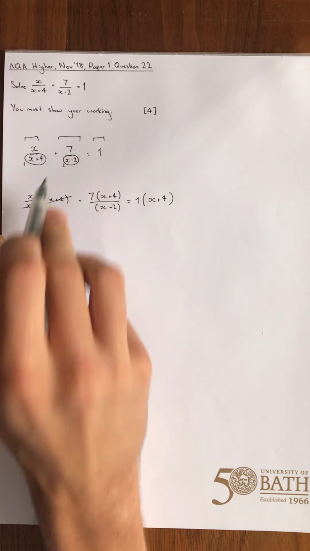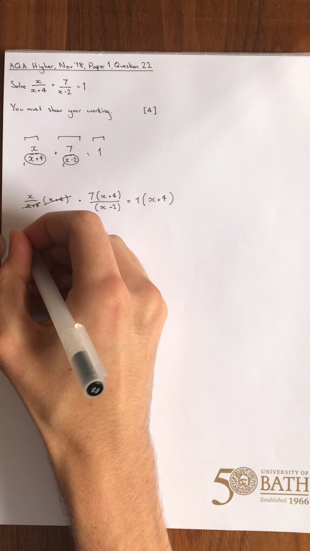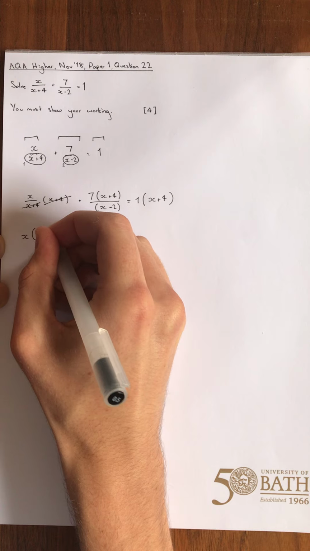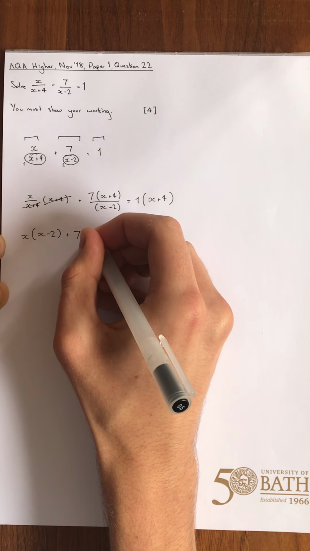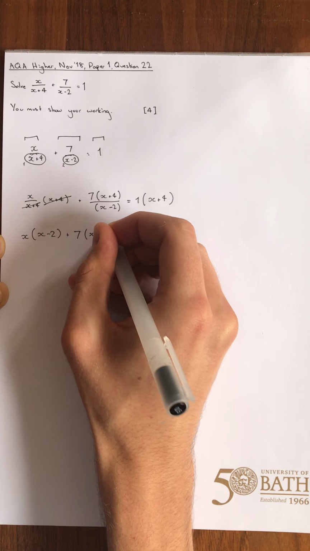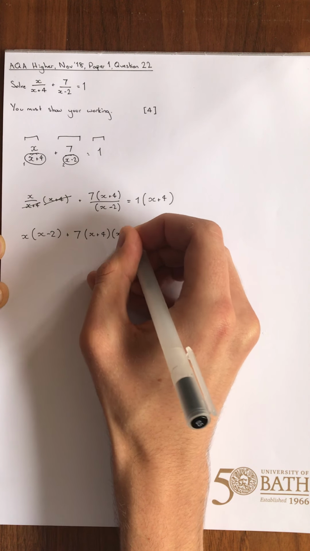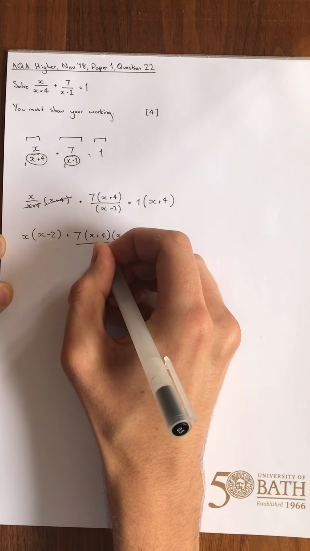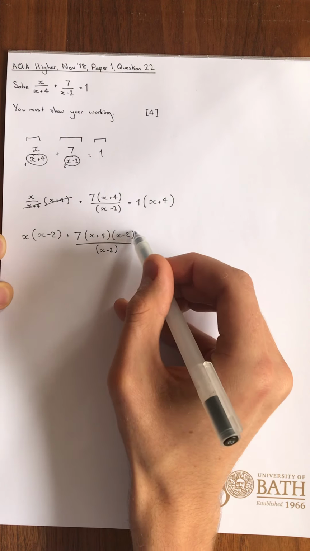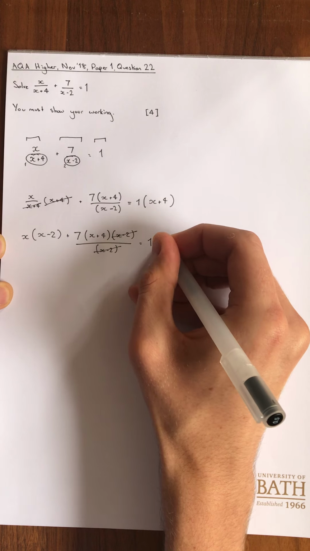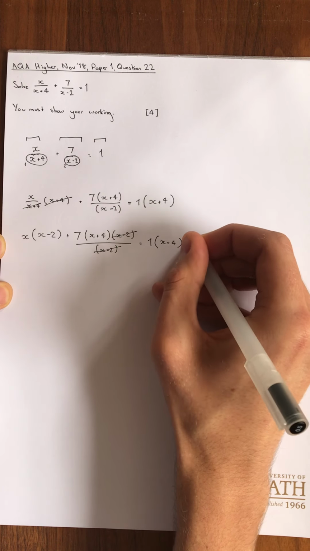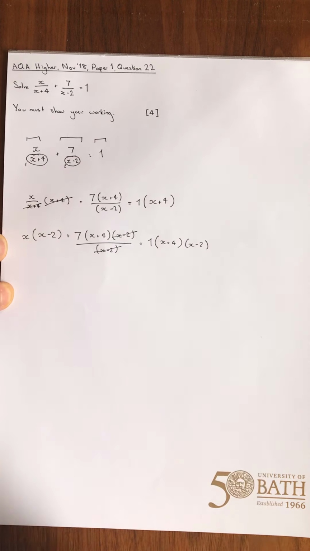Now we'll do our second multiplication. We'll say x times x minus 2, plus 7 times x plus 4, over x minus 2, equals 1 times x plus 4 times x minus 2.